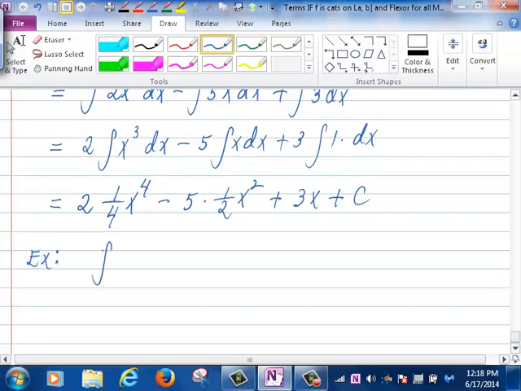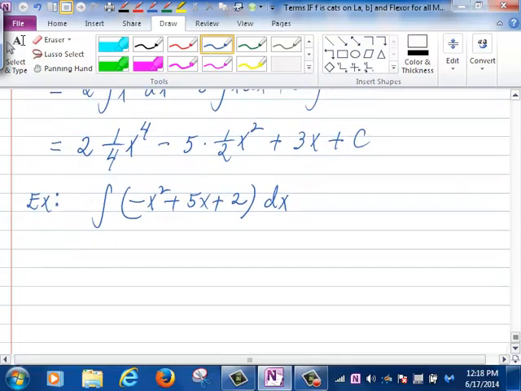What's the integral of negative x squared plus 5x plus 2? Well, this would be the integral of negative x squared dx plus the integral of 5x dx plus the integral of 2 dx.